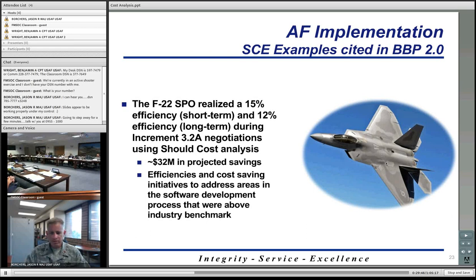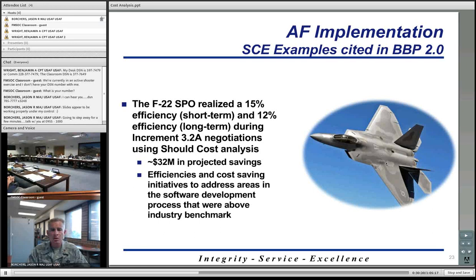So essentially, the F-22 SPO, based on the should cost initiatives that they conducted, took a look at their increment 3.2A, which is a software upgrade essentially, and they realized about a 15% efficiency in the short term, and then based on their should cost initiatives, they're expecting to realize a potential of 12% efficiency in the longer term, and it's going to turn out to be about $32 million in projected savings, both in the short term and the long term.